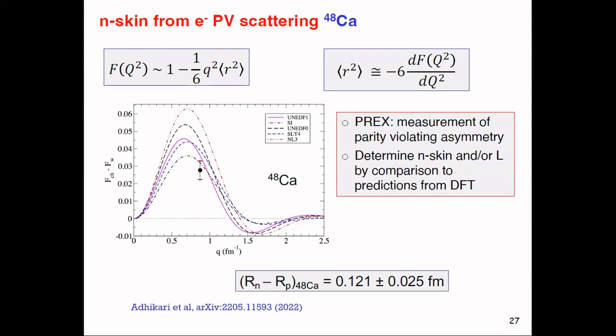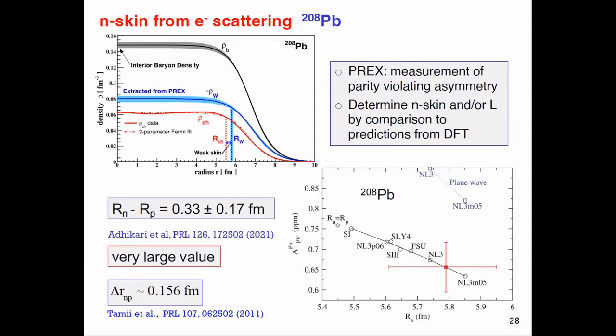Okay, somebody asked this yesterday. It's just one point. This point here is not even close to zero. And you have to pass it through a lot of functionals, and then you extract a number. This is the best number, by the way, for calcium-48, a number which is more or less what we expect. However, if you go to lead, they did the same thing. This is the result that they get after all this analysis, which they sell as being the greatest analysis in the world because it's electron scattering.